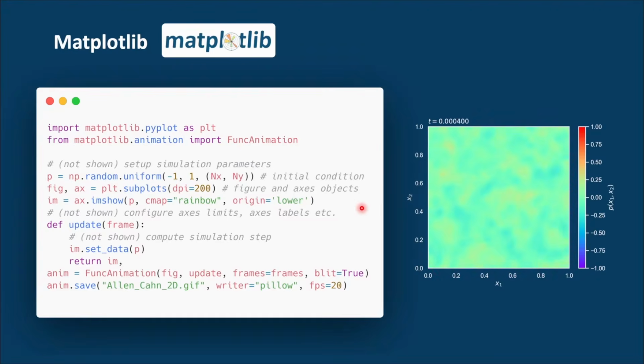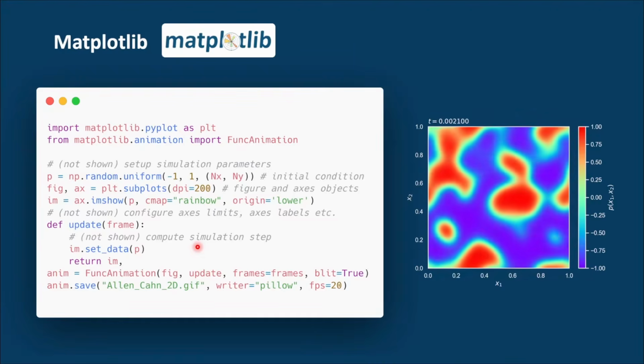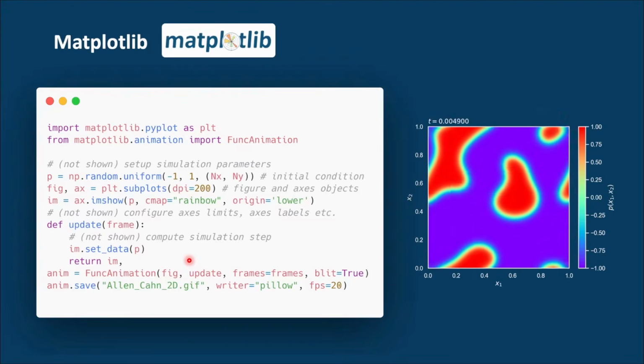So this is a phase field simulation. In these first lines, it just generates a random field, and then we define an update function which defines how this field should change in every frame. And then with the animation functions in Matplotlib, you can set up an animation that computes the phase field for every frame and adds the corresponding image to the video, and then in the end it creates a video like the one you see here.